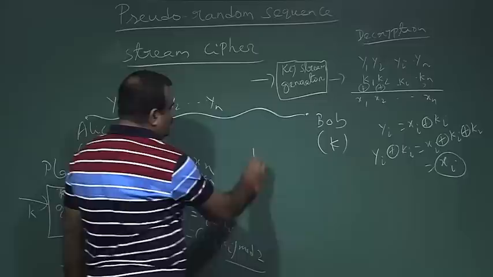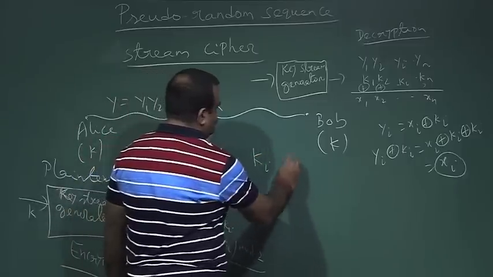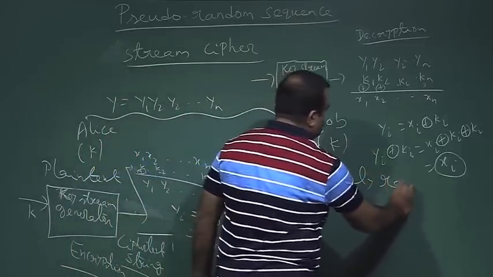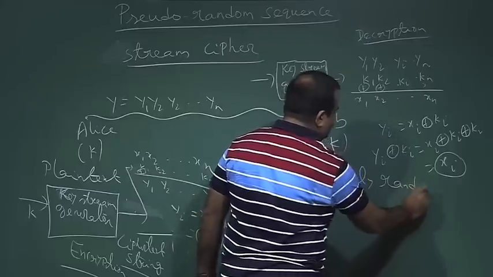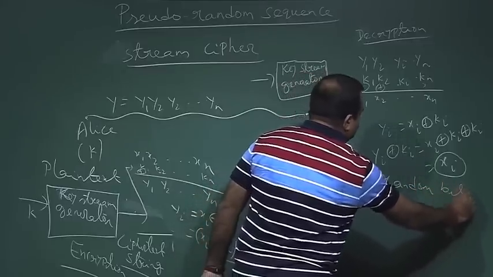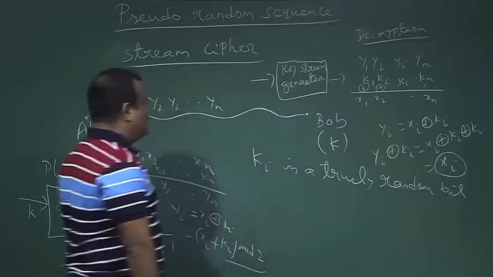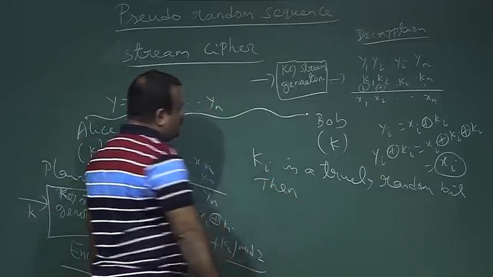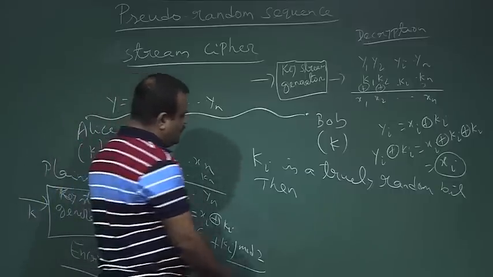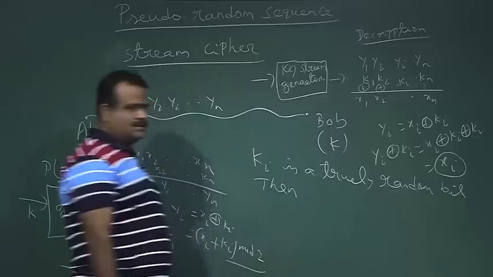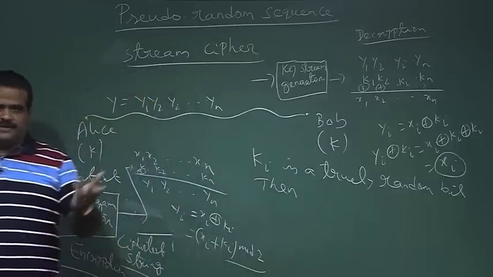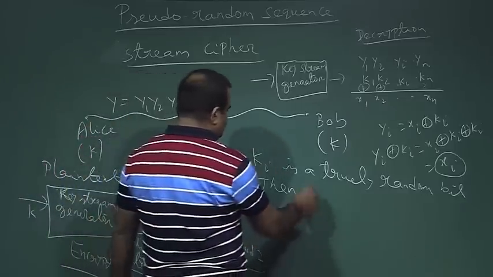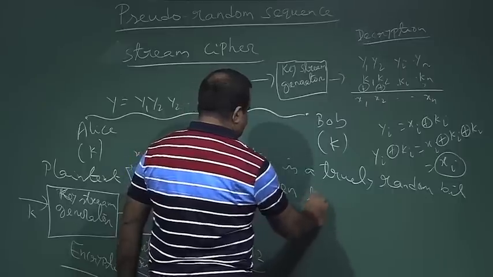If ki is a truly random bit, then this satisfies the Shannon notion of perfect secrecy, and it is basically a one time pad.